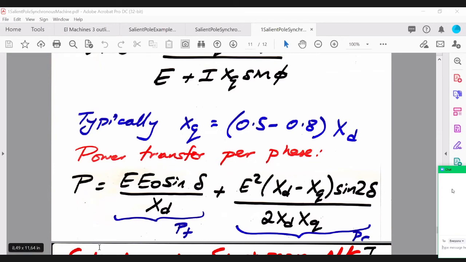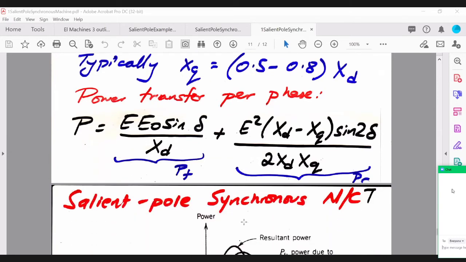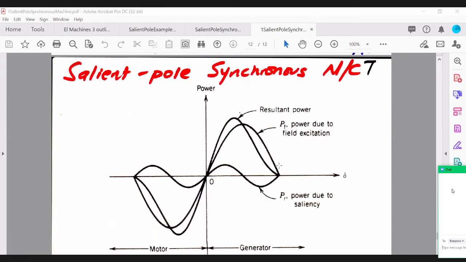Here we are showing the effect of saliency. If you remember, we had two curves in the Machines 2 course showing the power transfer due to the field power and what's due to the saliency power. In this curve, you have your normal sine curve for the field power excitation, and then the saliency curve.